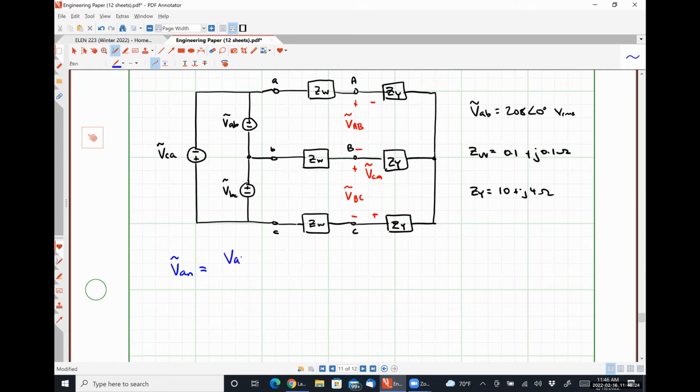This is simply VAB divided by the square root of 3 angle 30 degrees, or multiplying by 1 over the square root of 3 angle negative 30 degrees. So in doing this, we should find that we get 120.089 angle negative 30 degrees volts RMS, which is traditionally called just 120 volts RMS.